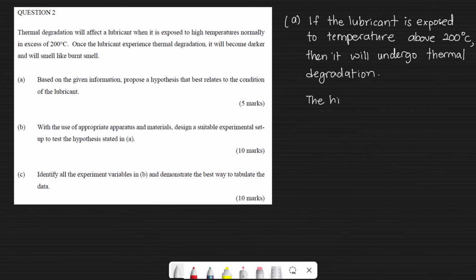The higher the temperature, the darker the lubricant color, and the more the thermal degradation.